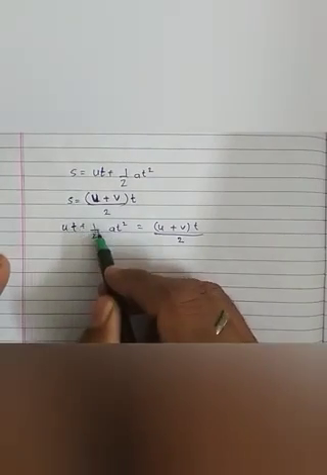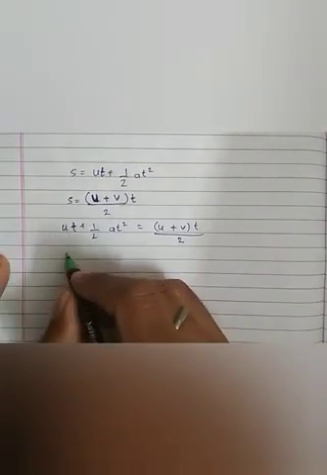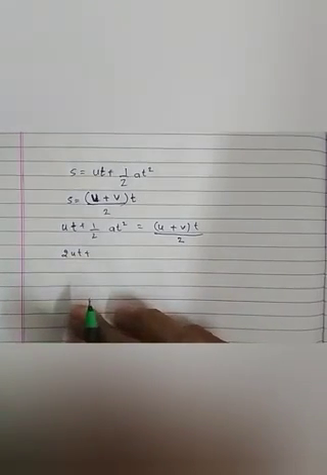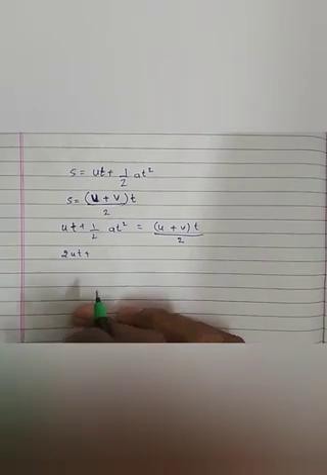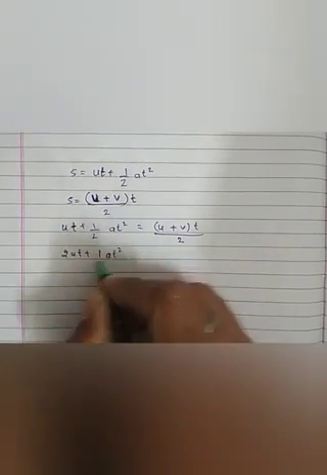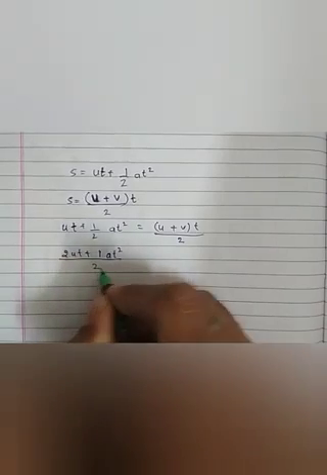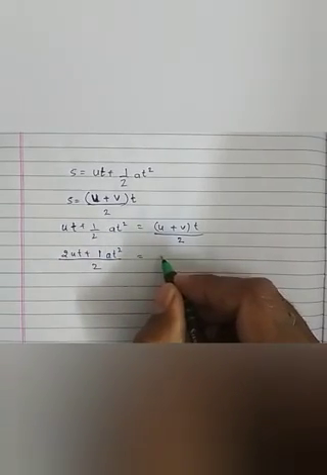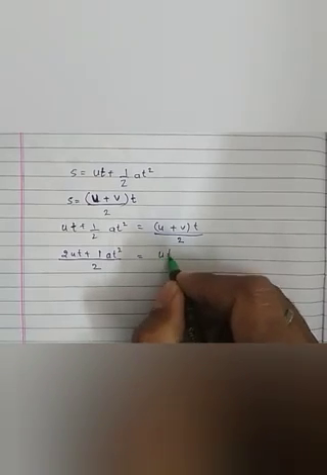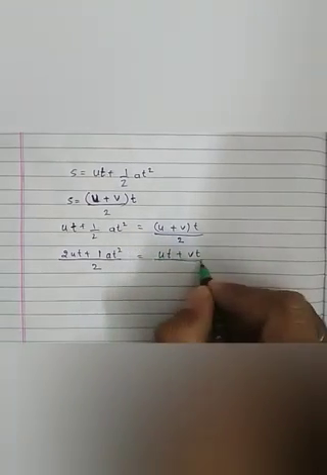Now here you can see ut plus half at square is there. So we will multiply 2 into ut plus half at square. This 1 will remain as it is and this half will be given to both of them. This will be the same as, now we will open the bracket, ut plus vt divided by 2.